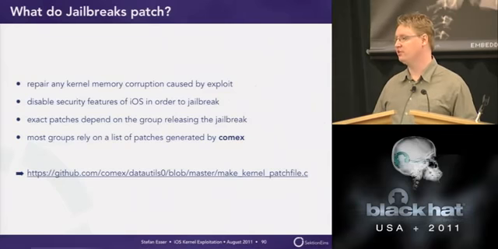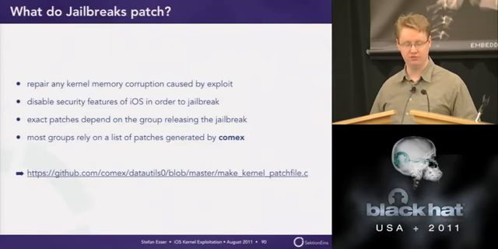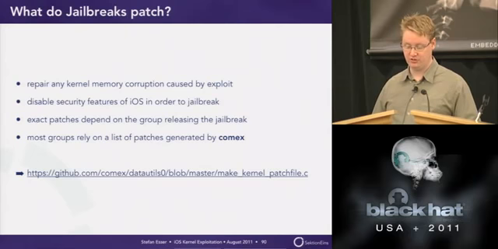Okay, but the other patches inside the jailbreaks are just disabling security features. And they're also different because the different groups patch different places. And nowadays, most of them rely on patches developed by comex because they seem to be the most stable. Sometimes he has a patch that doesn't work at all, but you just tell him and he will find a better one.